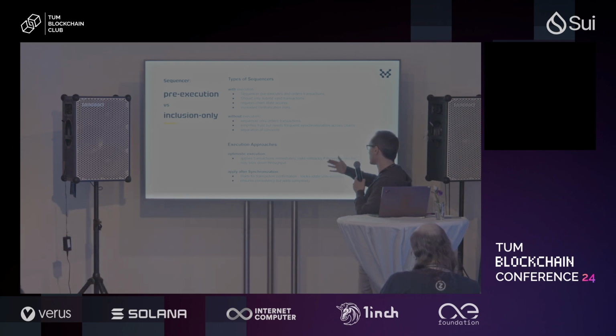But if a rollback does happen, that might slow down the throughput, and it might be expensive to roll back or infeasible. Without execution, which is the topic that we are trying to follow, you require frequent synchronization across the chains, but it provides the separation of concerns.